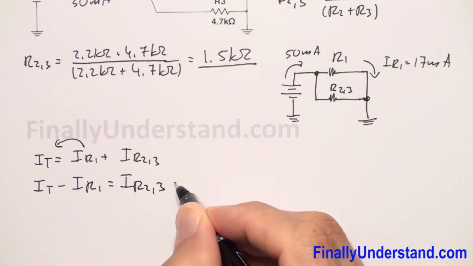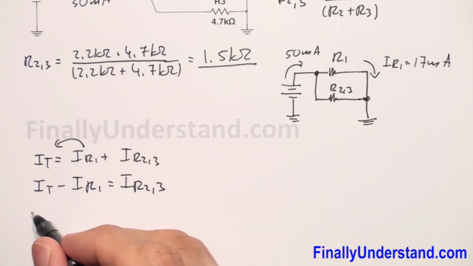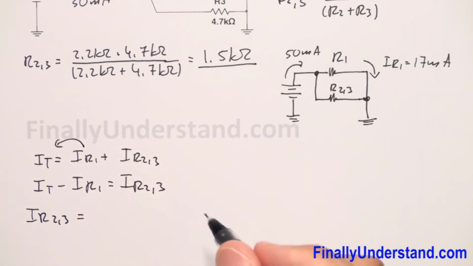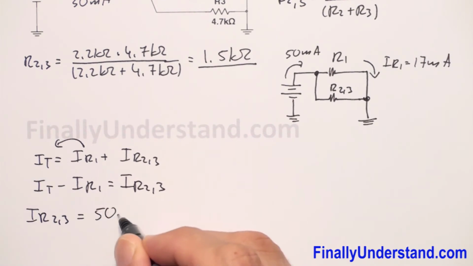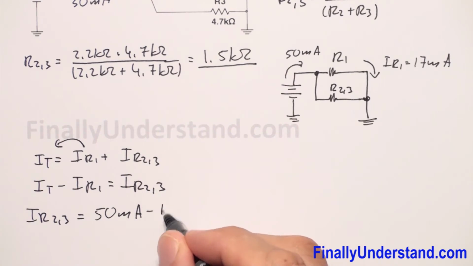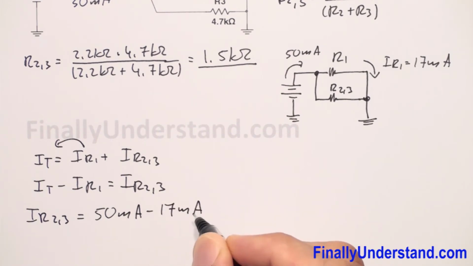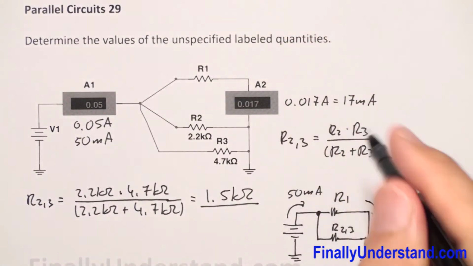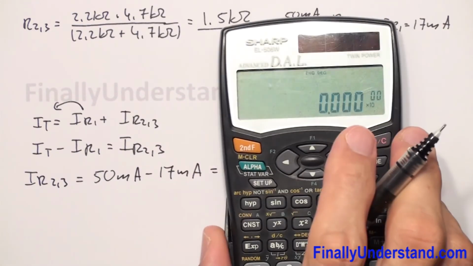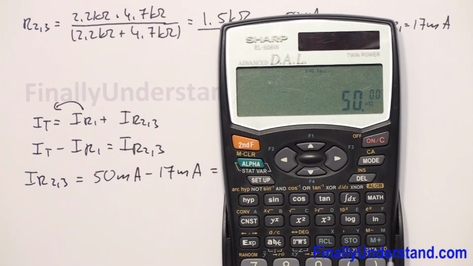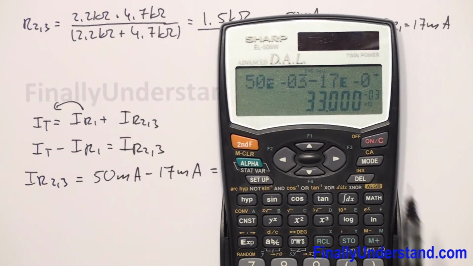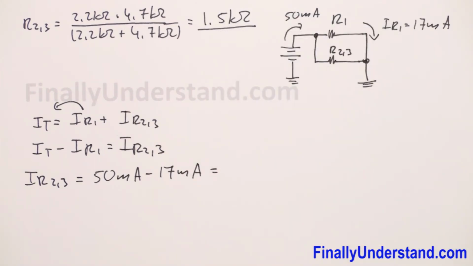Okay, so I can say that IR23 is equal to I total, which is 50 milliamps, minus 17 milliamps, because this is the value of my current IR1. So again, practice the calculator. We have 50 exponent 3 negative minus 17 exponent 3 negative. So I have 33 milliamps.